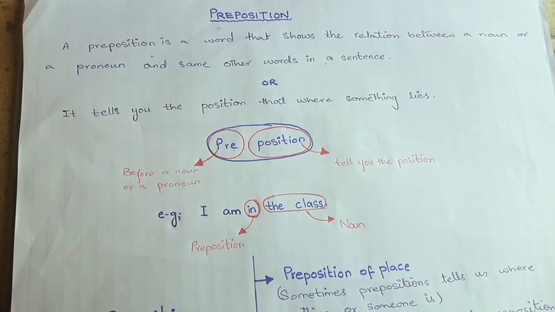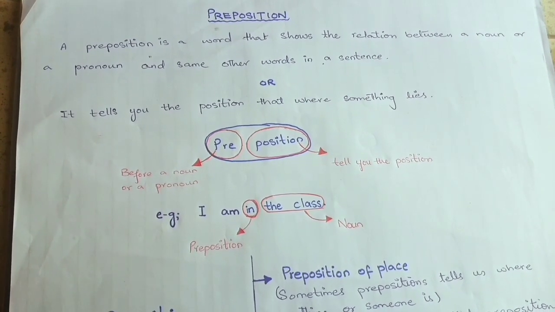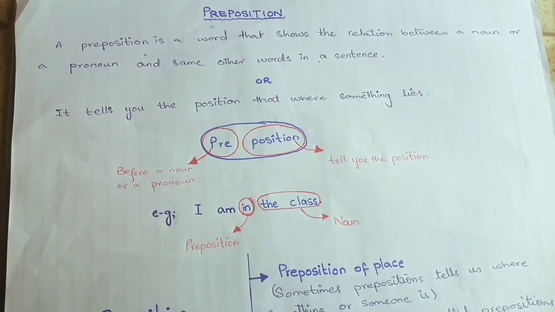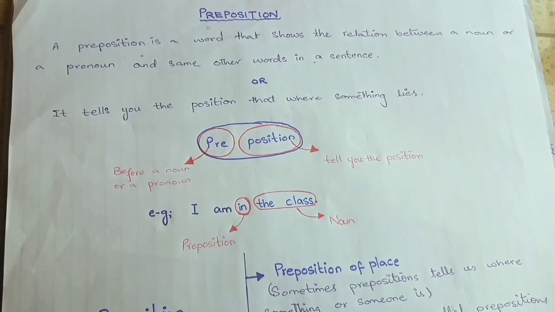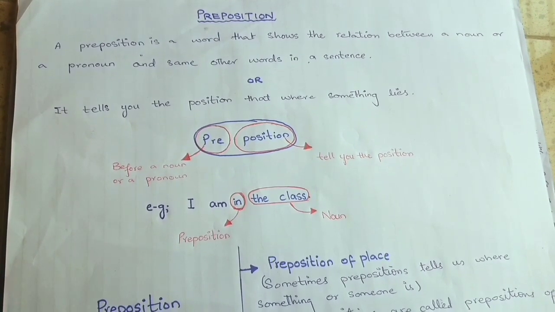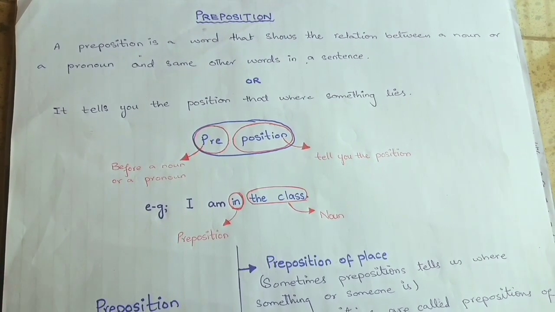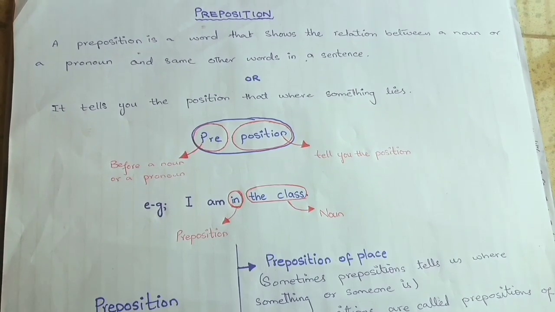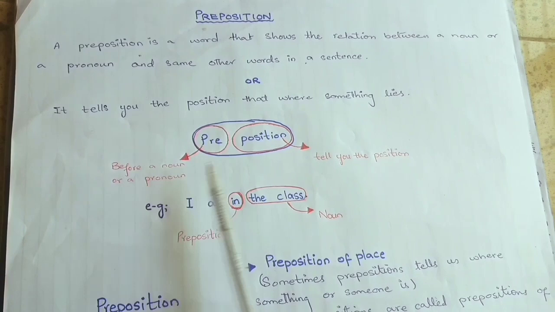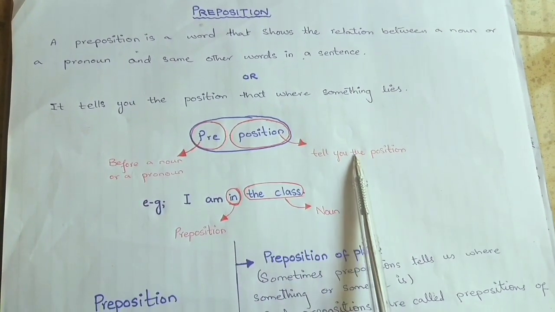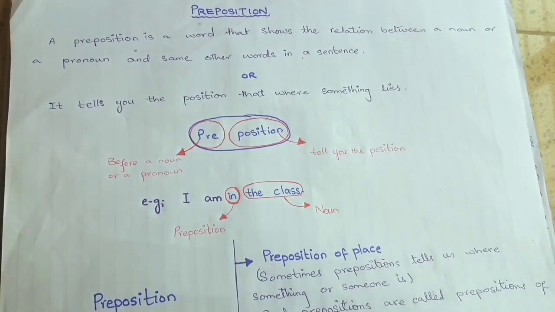A preposition is a word that shows the relation between a noun or a pronoun, and it also tells you the position of where something lies. The word preposition is made up of two words: number one, pre, and number two, position. Pre means before a noun or a pronoun, whereas position tells you where something lies.